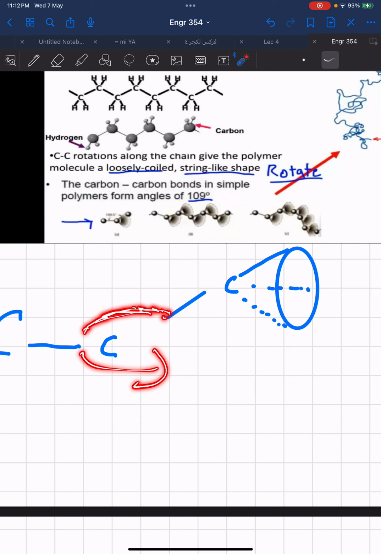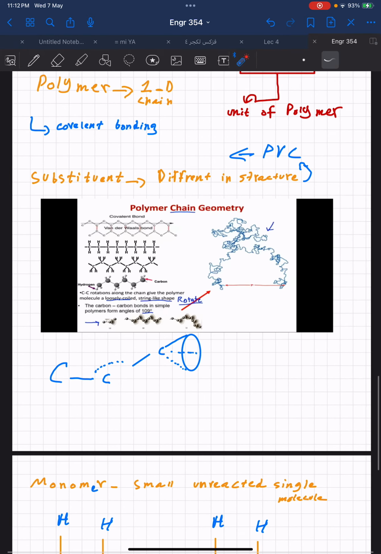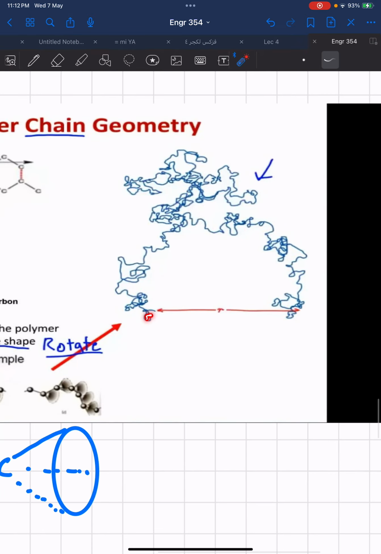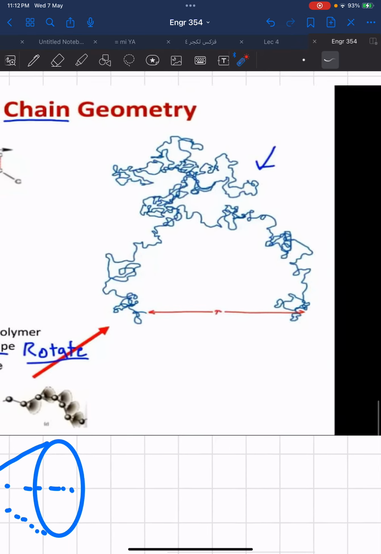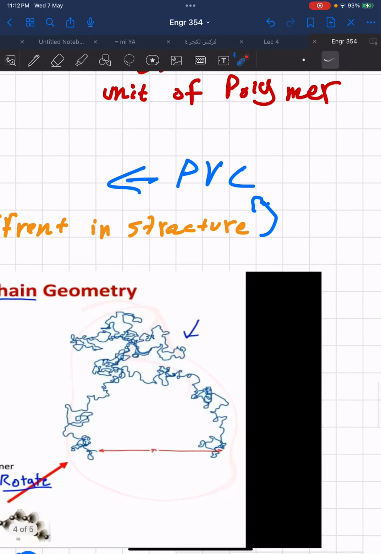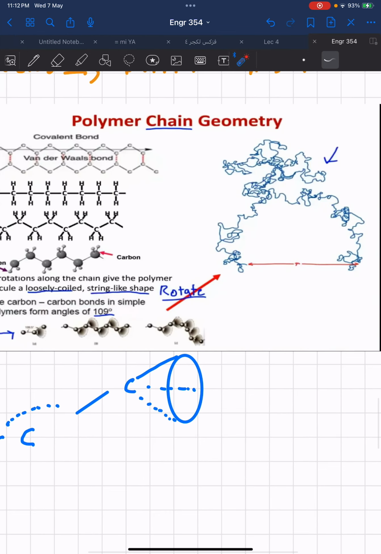So it rotated from this side. Then it either has rotation from this side or this side, and etc. And since we have a lot of carbon in this structure, it will rotate many times in repeating rotations of 109 degrees. That's why we have the coil-like shape for the polymers, the geometry itself.